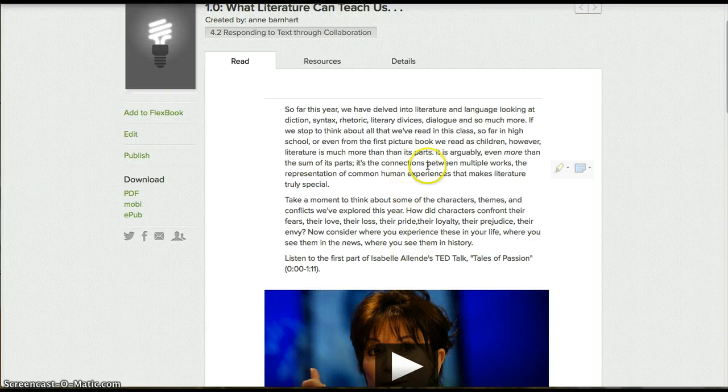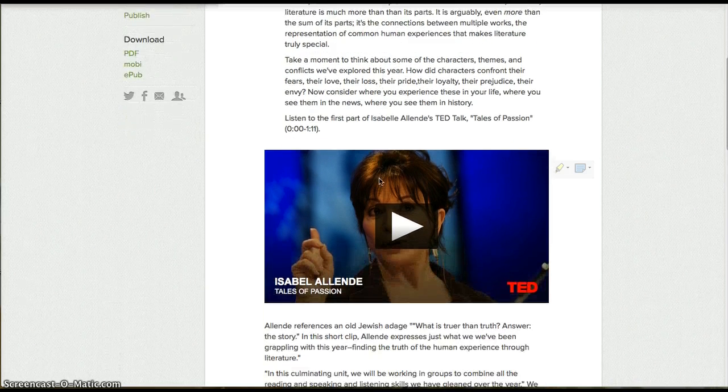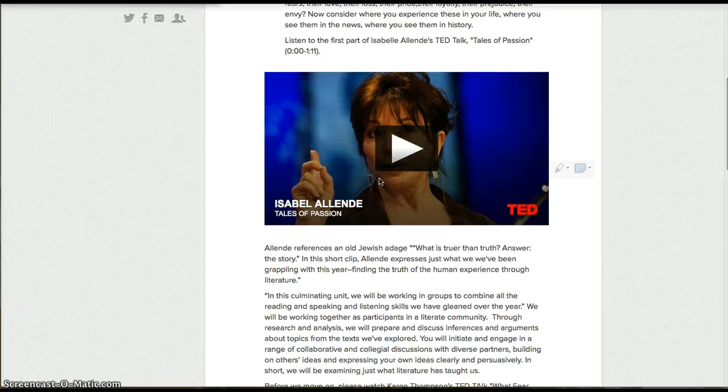So I came up with the idea of the common human experience, and what's going to drive this whole unit is what literature can teach us. The students get to think about and draw on their experiences, things that they've read, and think about how literature has taught them about the human experience.